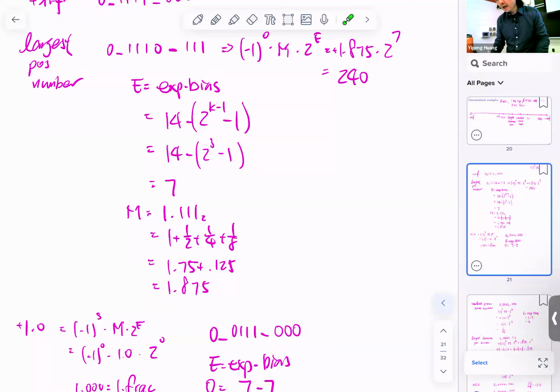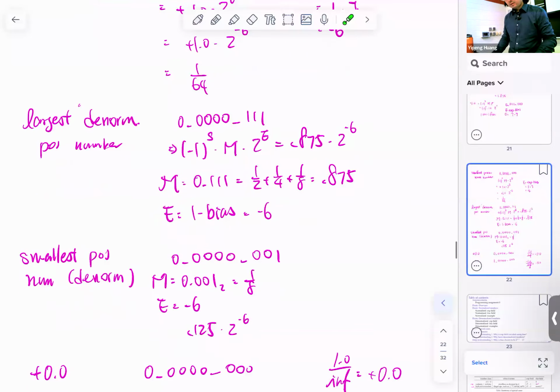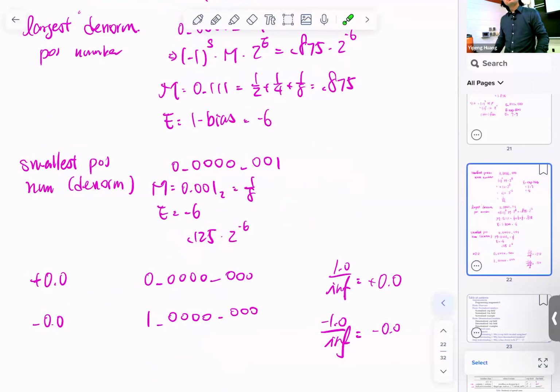But if you perform a calculation of what is the value of 1 over 240, what happens? Think about it. Was 1 over 240 representable in this number system? It should be. How do you see that?